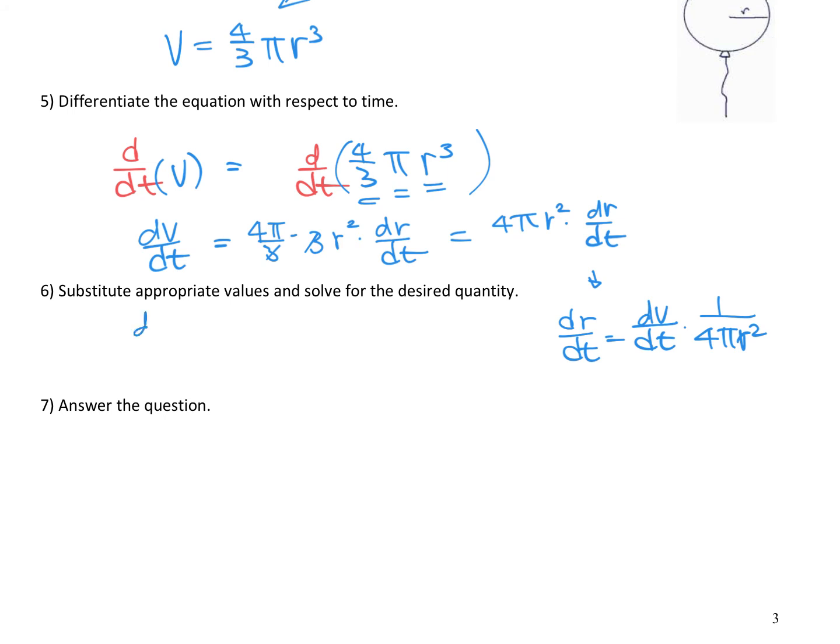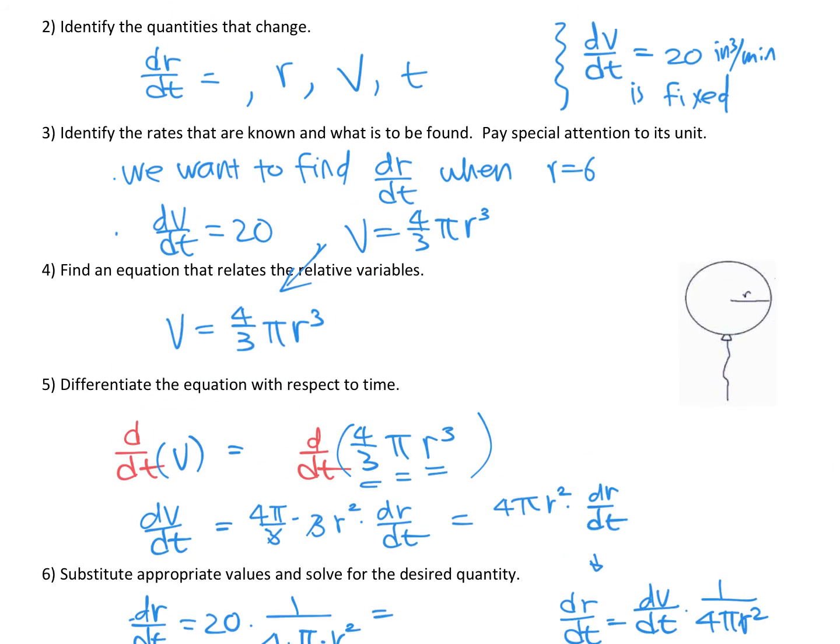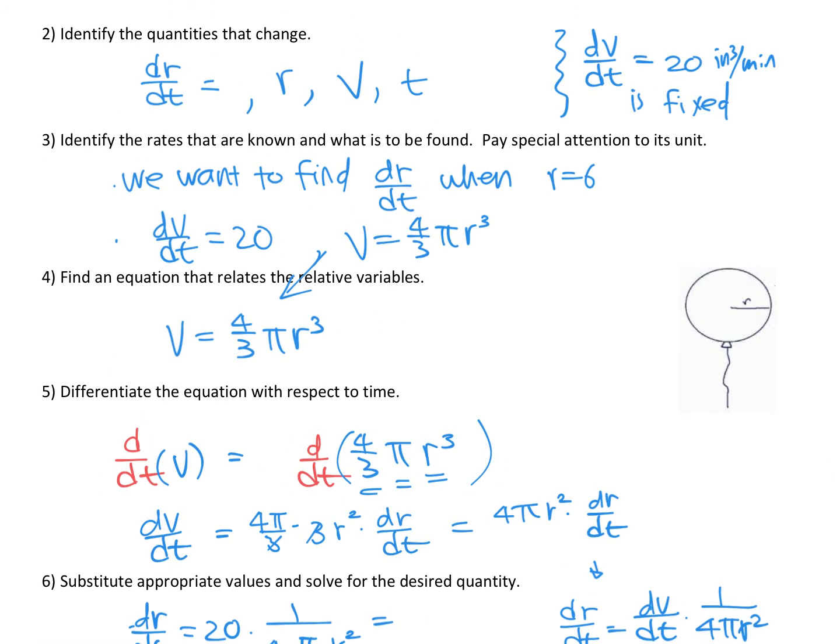So dr/dt is equal to 20 times 1 over 4 times pi times r squared. So again, depending on what radius we have, we'll have a different rate of change. I think the question specifically asks for 6, right?